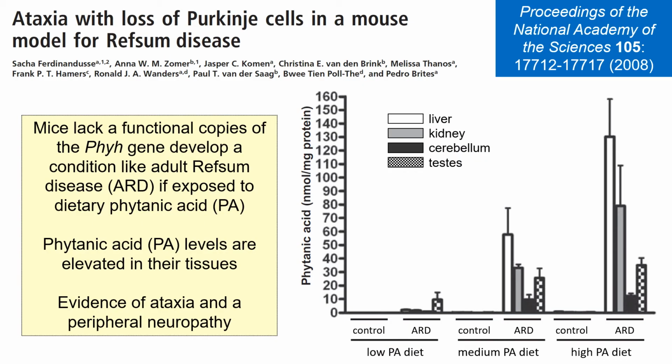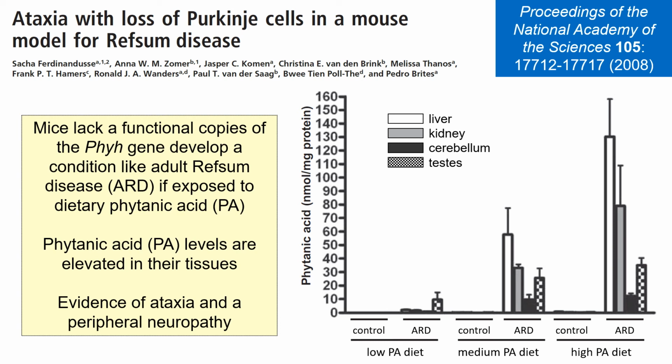And in fact, this has been done by two of the Global Dare board members, Sacha Ferdinandusse and Ronald Wanders, in a scientific manuscript published in 2008. They found that mice lacking functional copies of the PHYH gene develop a condition like adult Refsum disease if exposed to dietary phytanic acid. And the phytanic acid levels are elevated in their tissues if exposed to a phytanic acid-enriched diet.